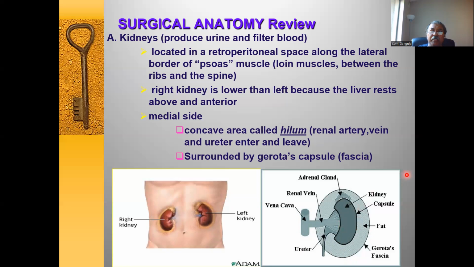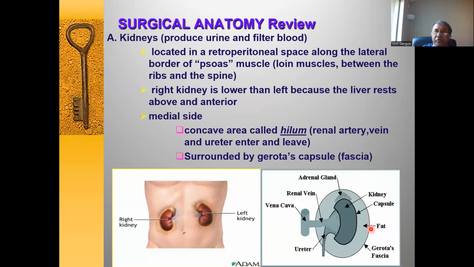Hilum basically comes from the word hiatus. Hiatus means opening. So hilum is the concave opening of the renal pelvis area where all these blood vessels and the ureter also come in and out.